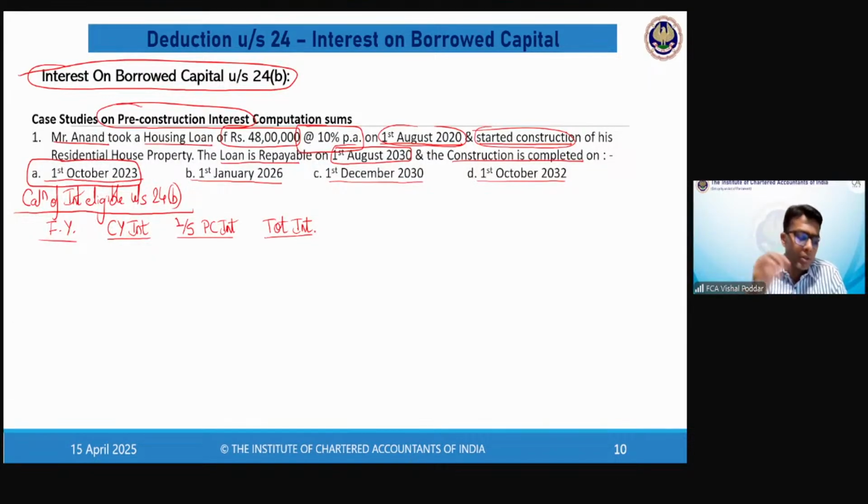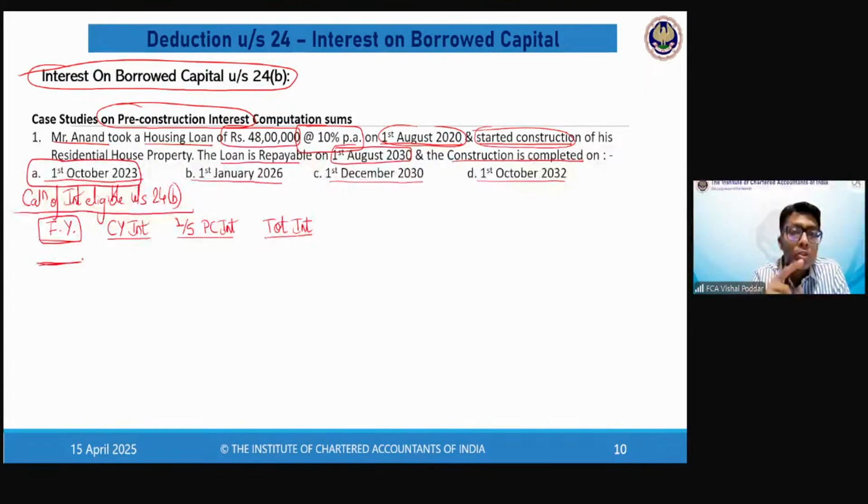Now I explained all this because in this type of typical question where you are required to compute interest, the first question that you need to answer is, from which financial year you will start computing this interest deduction. I will equate it with my example. It is the same question like, from which year you will start preparing your P&L? And the answer is the year from which business starts.